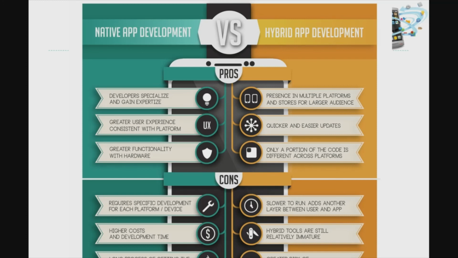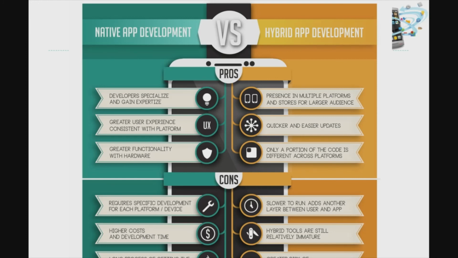Okay, this one is the pros and the cons of native application development and hybrid application development. So before you start on the development process, you need to identify whether the application is suitable for using native, or hybrid, or mobile web.